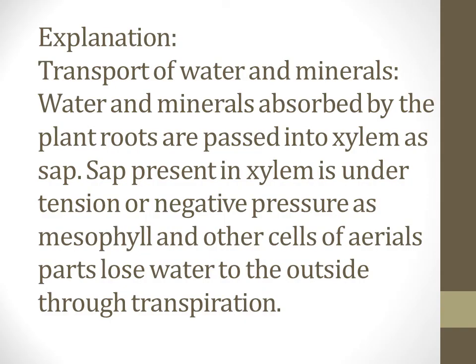So students, starting with the explanation of this slide. How does this transport of water occur, or what is this transpirational pull? Transport of water and minerals occurs in the plants via certain physical processes that I told you.